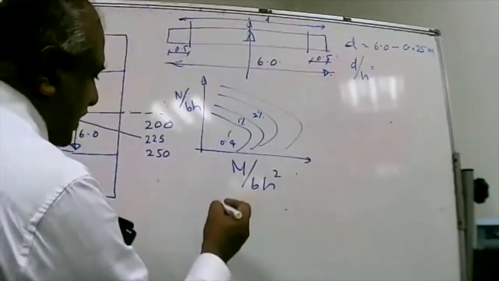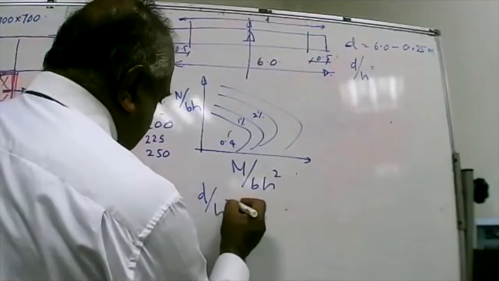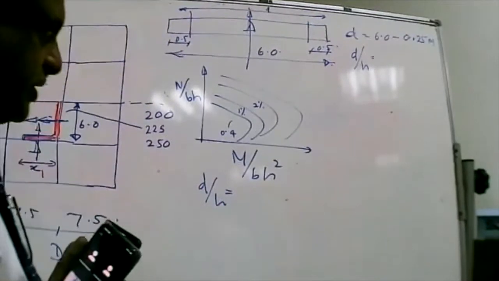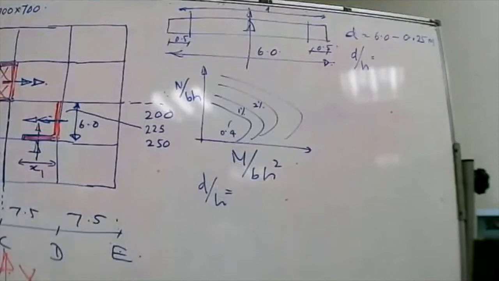So based on that, you have to select the column interaction chart. There are column interaction charts for different values of D over H, but in a long wall, it's most likely to be close to 0.9.